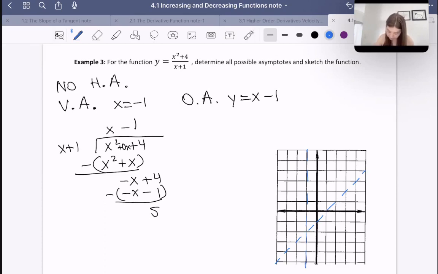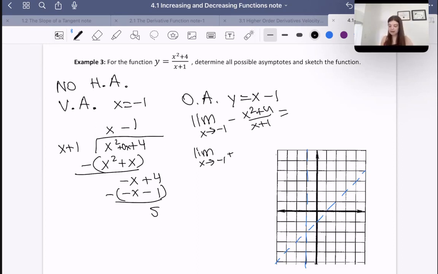Now let's figure out how to draw the rest of the graph. I need to find the right-hand limit as we approach our vertical asymptote, and the left-hand limit. Okay? So let's see, what would our left-hand limit be?